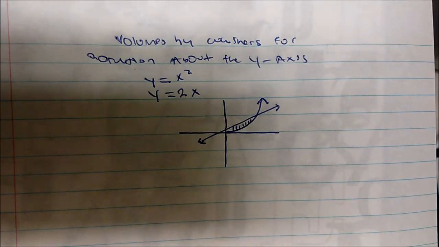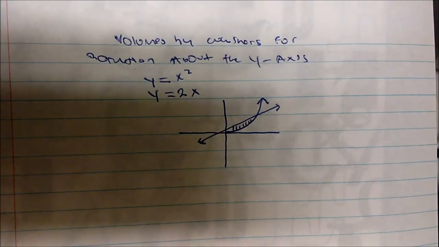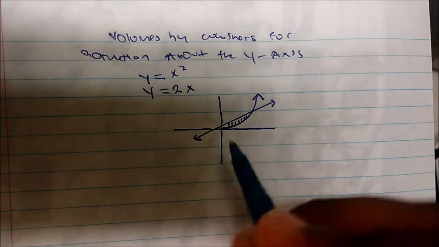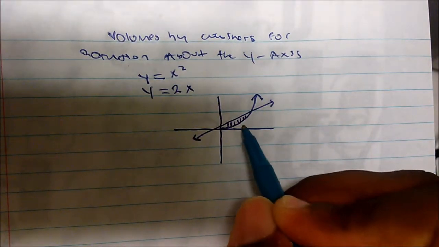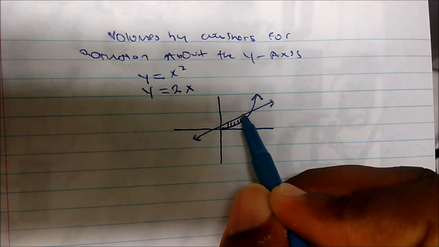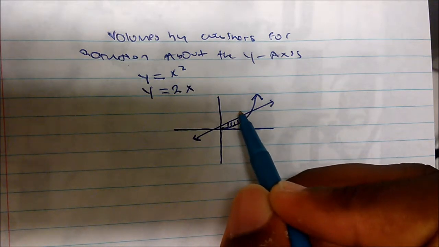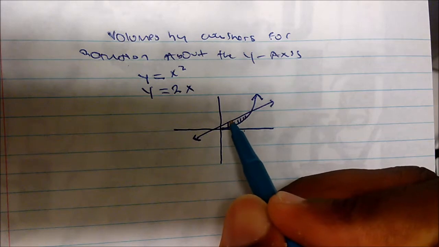Well, what's my integration? If I'm integrating about the y-axis, remember we said that when we integrate about the x-axis, we walk along the x, and the area between the curves is given by the upper function minus the lower function.